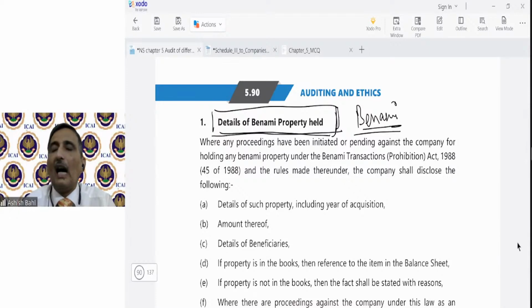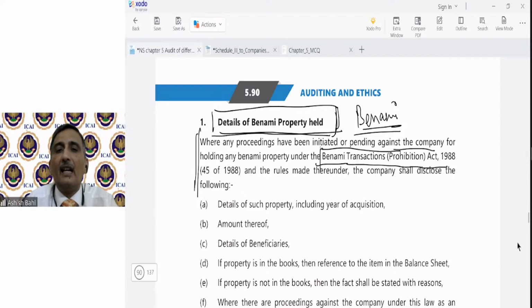But what is a Benami property and what is the disclosure requirement in respect of these? So students, you have to understand that there is an act, there is a law which goes under the name of Benami Transactions Prohibition Act 1988. Benami Transactions Prohibition Act.